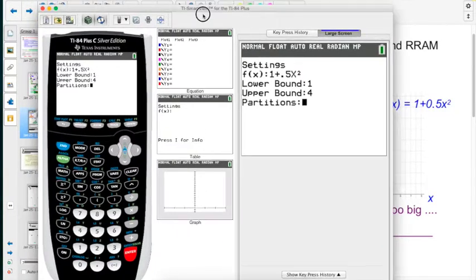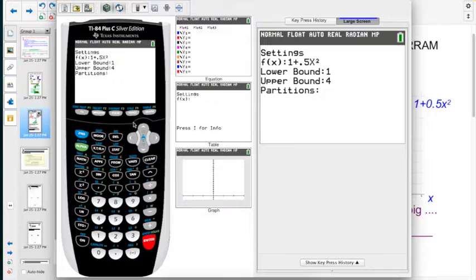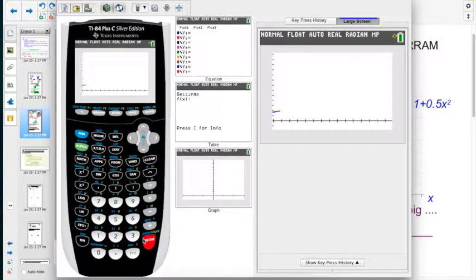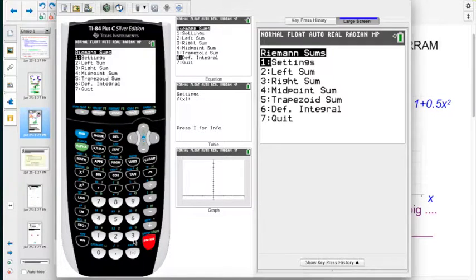Number of partitions, it looks like we've got 1, 2, 3, 4, 5, 6. We've got 6 partitions. And let's go ahead and figure out what our left RAM and our right RAM approximations are. So here is our left sum.